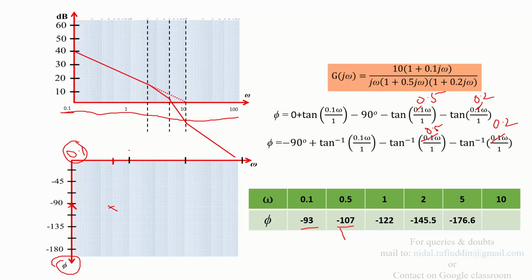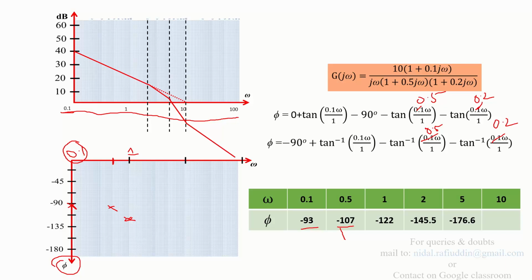Then at 1, so this is 1, I have an angle of minus 122 degrees. So my 122 degrees lies somewhere at this point.